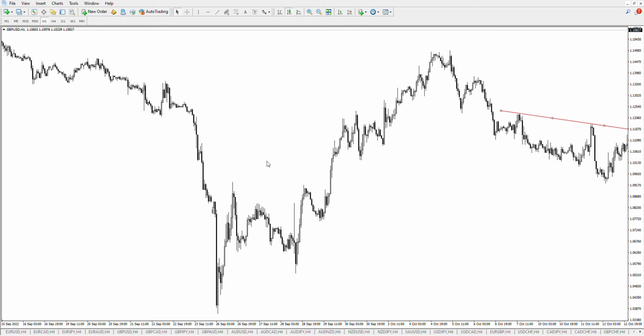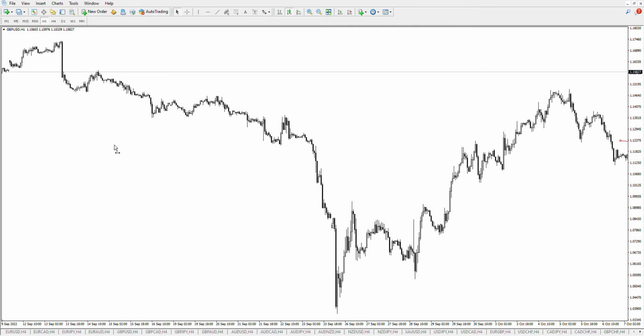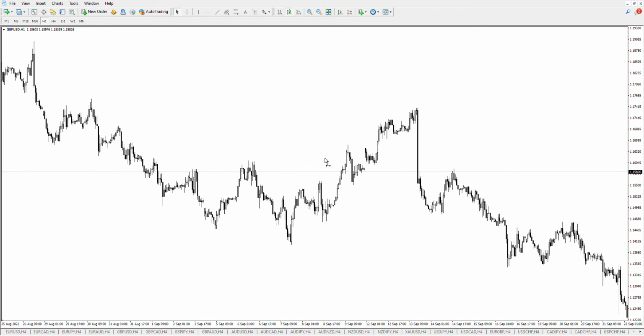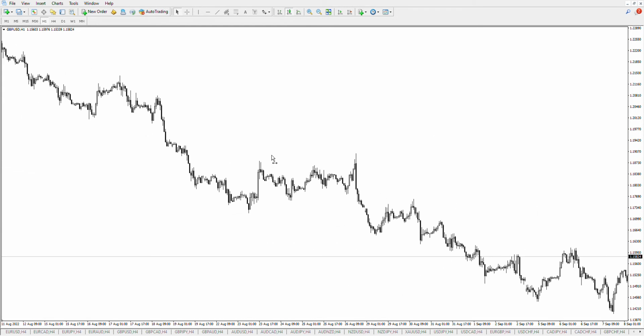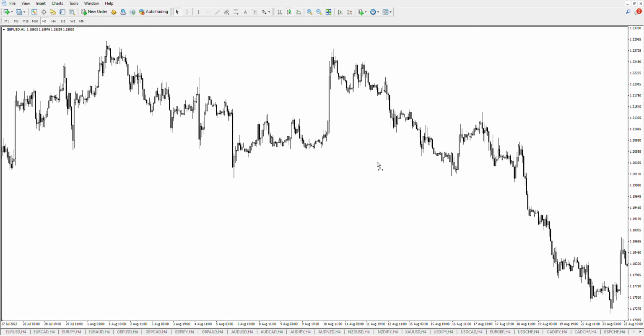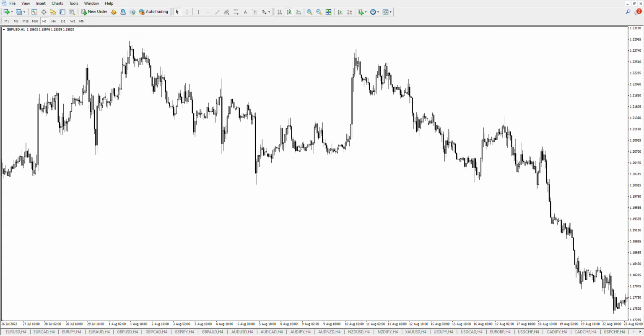And let's take some example with a gap breakout. It's not so visible in Forex, gap breakouts, but they do happen once in a while.